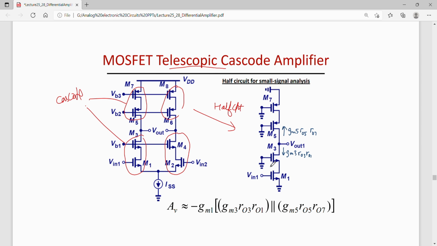Okay. And from the half circuit I can find out the impedances looking into the output impedance of this PMOS cascode and the output impedance of this NMOS cascode, which has already been found by us in our previous lectures, which is this much. And the total gain is minus GM1 multiplied by the parallel combination of these two output impedances. Okay. Similar to the BJT based cascode.